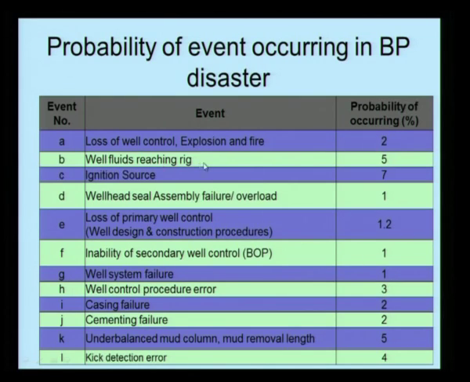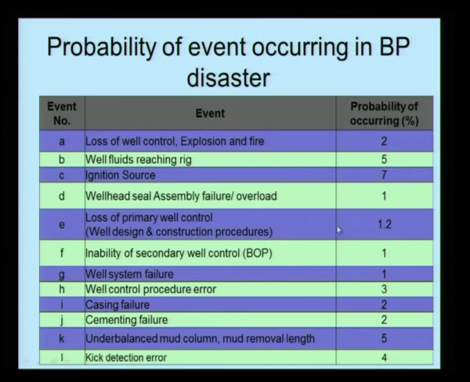Well fluids reaching the rig can be a 5% probability of occurrence. The presence of ignition source can be 7%. Wellhead seal assembly failure and overload can be hardly 1%. Loss of primary well control can be about 1.2%. Like this, we have started giving the probability of occurrence of every event associated with a specific number.